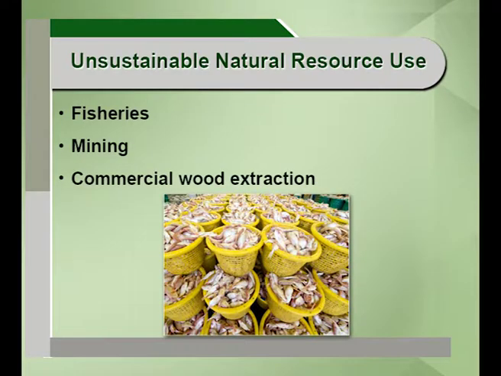The next important driver of biodiversity loss is unsustainable natural resource use, or in other words, overexploitation of natural resources. The important activities which are responsible for overexploitation are fisheries, mining and commercial wood extraction.